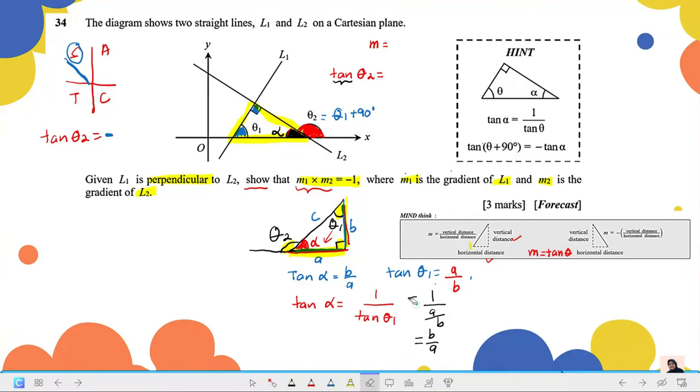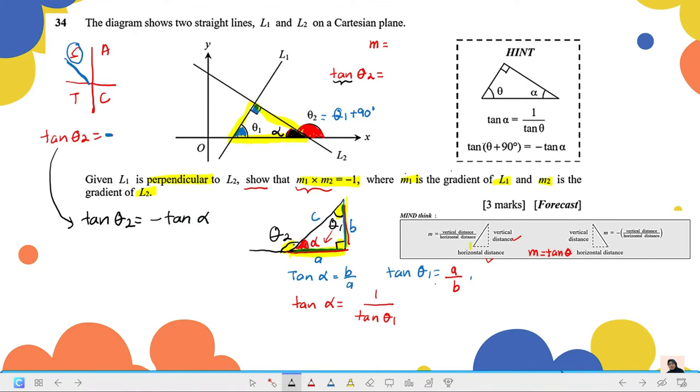So now, from here, tangent theta 2 is negative tangent alpha. Why?